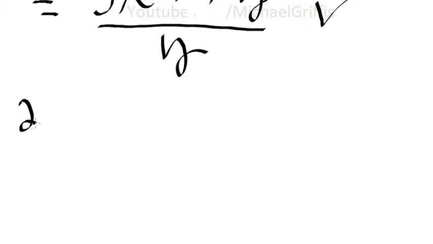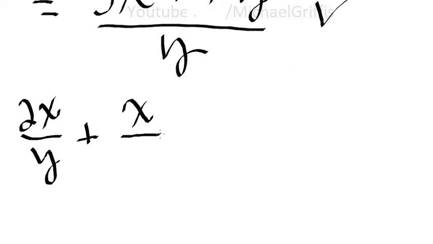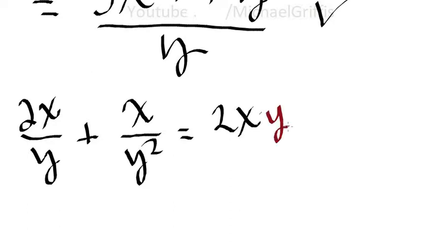Let's try. 2x, we'll have to write smaller, plus x over y squared. So as you can see here, we're going to have to rewrite. We're going to have to add a y. Let's use a different color. So y in the numerator. And what we do in the numerator, we've got to do also down here in the denominator.